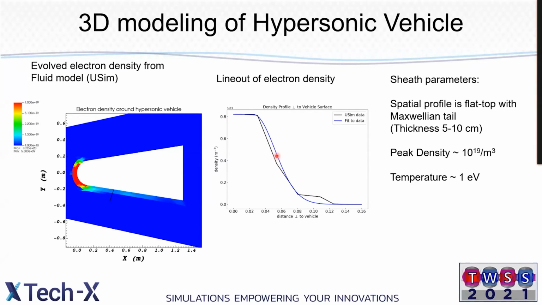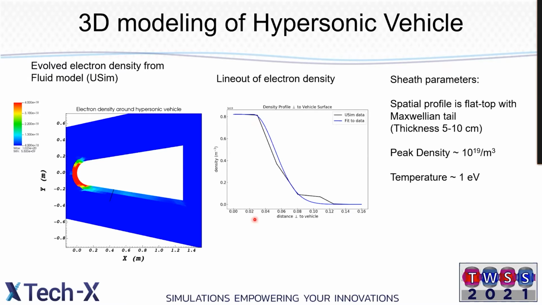I saved it as a text file, and then I read it into Python, and I fit the data. And this is the profile along this line of the electron density. I thought it was really handy to be able to do that in VSit. The nice thing about VSit is it imports all sorts of data files, including the standard H5 datasets. So we find that the thickness is between 5 to 10 centimeters.